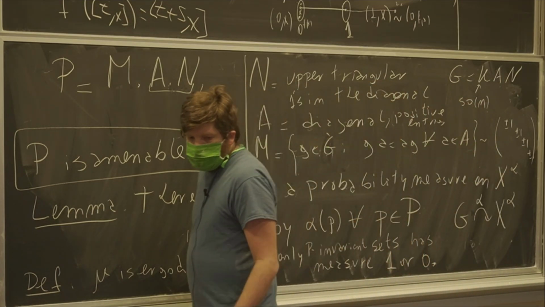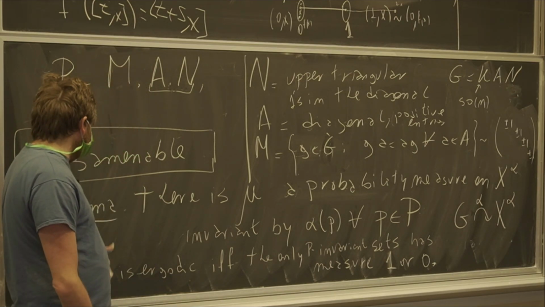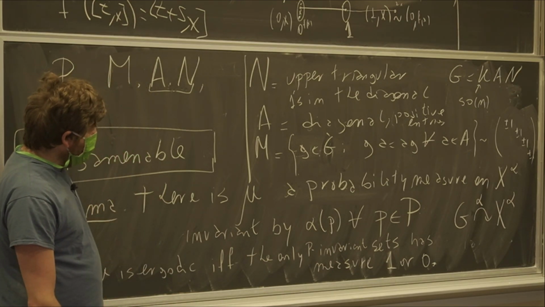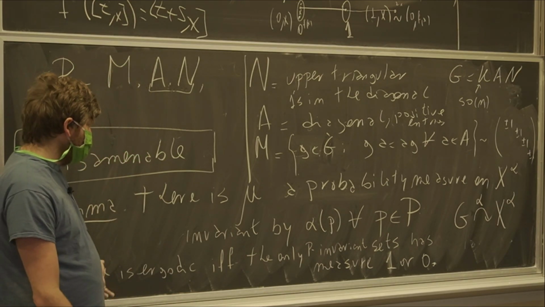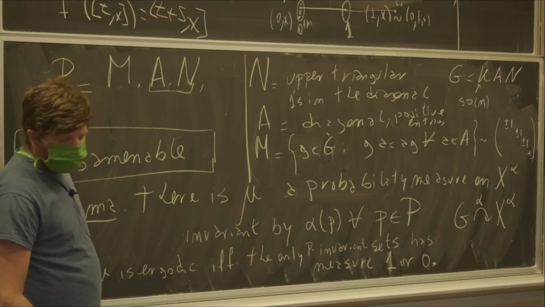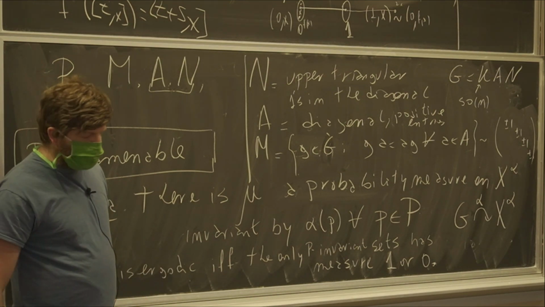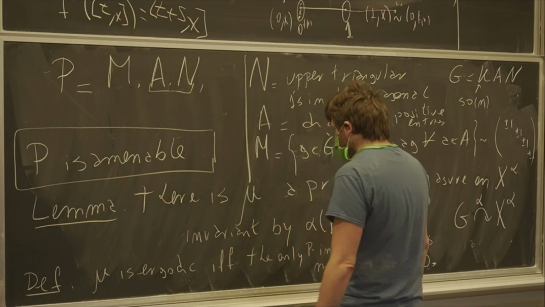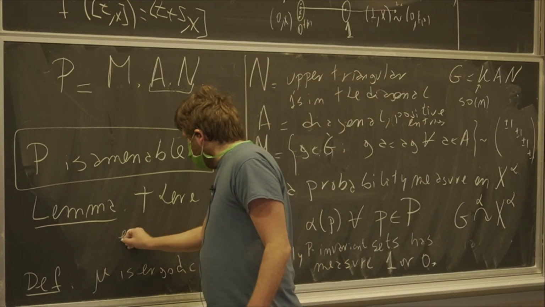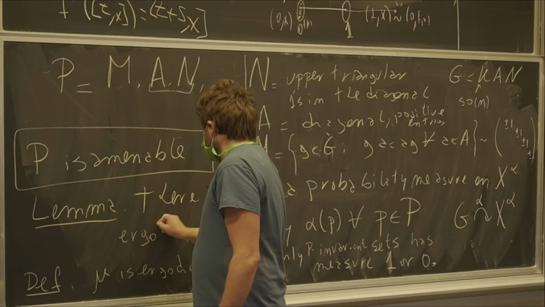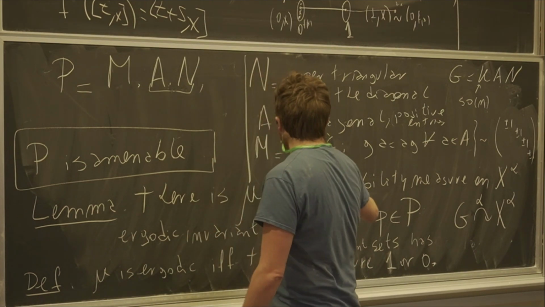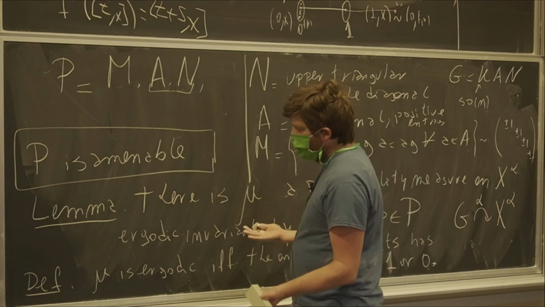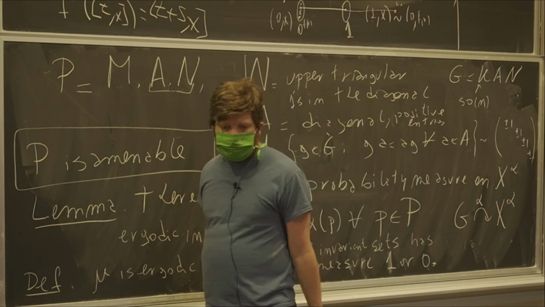And the ergodic decomposition theorem will allow me to add the word ergodic here. I will not go through that, this is standard dynamical systems, you can just look at the ergodic decomposition theorem. So this measure mu that exists, then you do some ergodic decomposition and it will be ergodic.